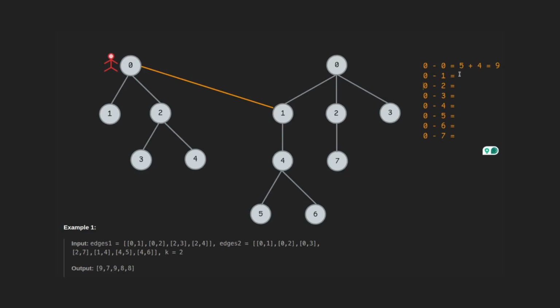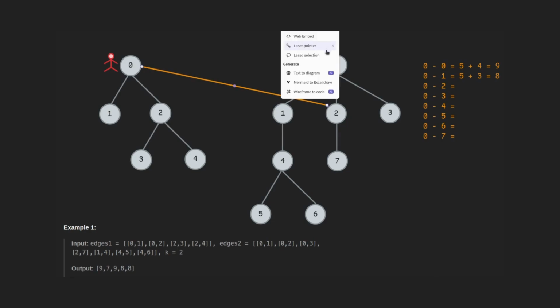This will be 5 plus 3, that will be 8. Let us connect it to 2 and see how many elements he can reach in 2 hops. So in total he can reach 3 elements.